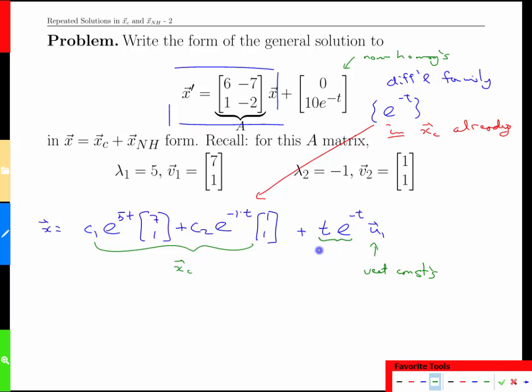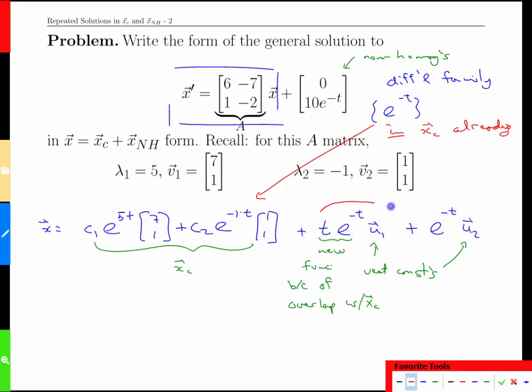And here's this new function required because of the overlap with the corresponding homogeneous solution. However, we don't stop there. We also include the original function e to the minus t times some other vector of unknown constants that we would solve for.